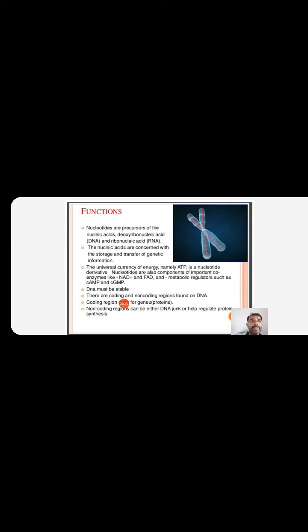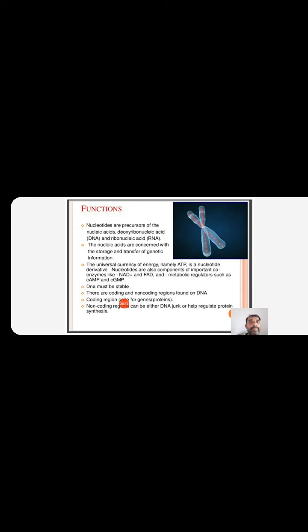ATP means adenosine triphosphate, a nucleotide derivative. Nucleotides are also components of important coenzymes like NADP plus, NAD plus and FAD, and metabolic regulators such as cAMP and cGMP.